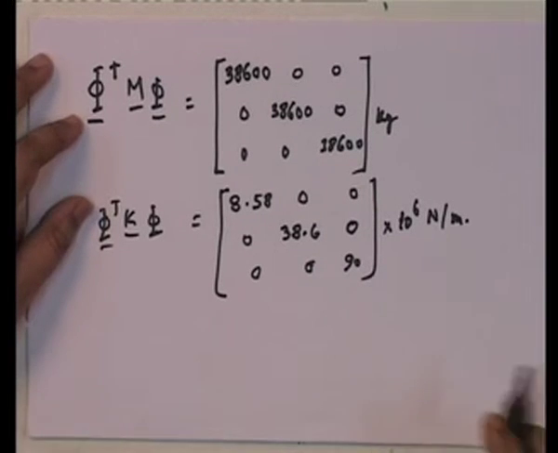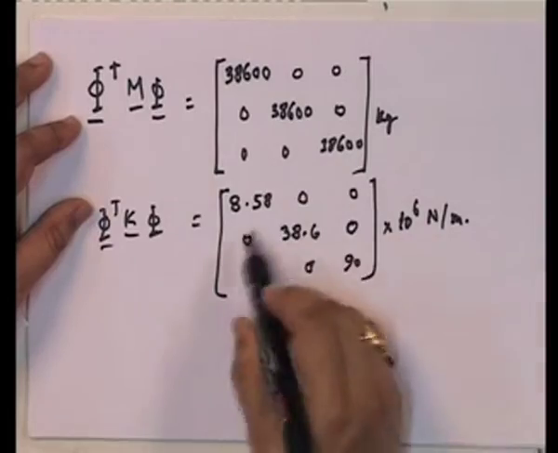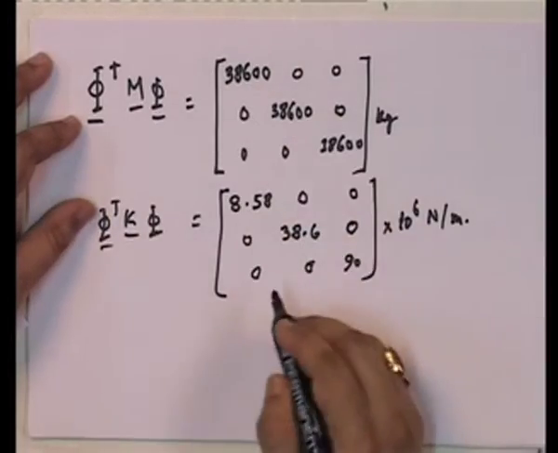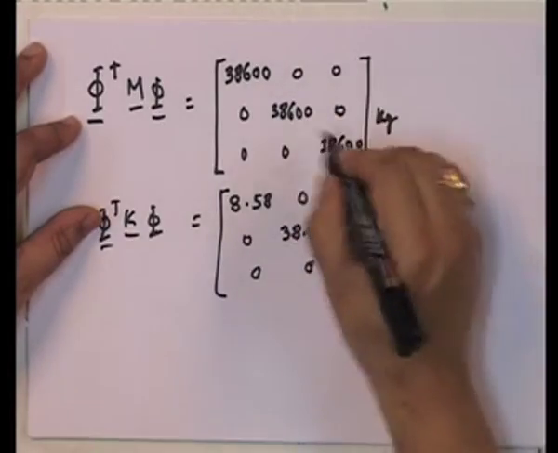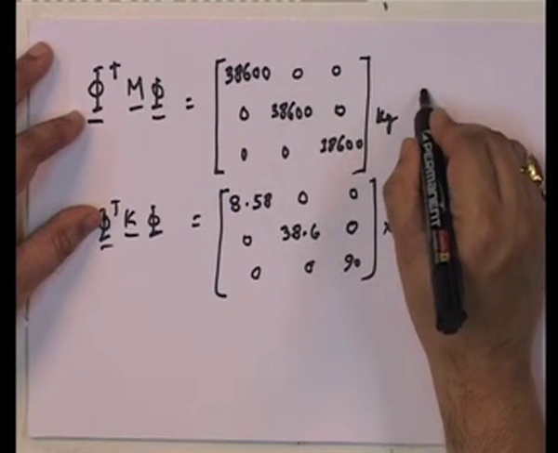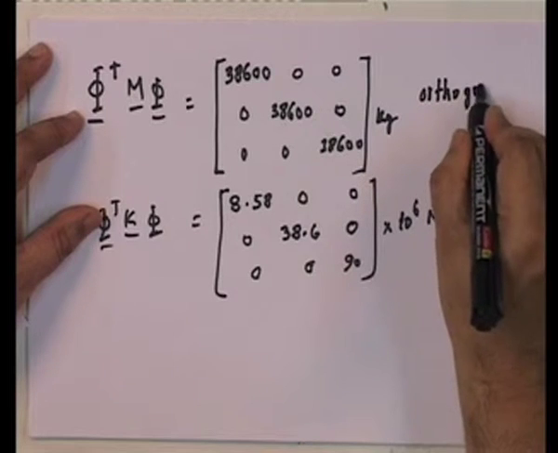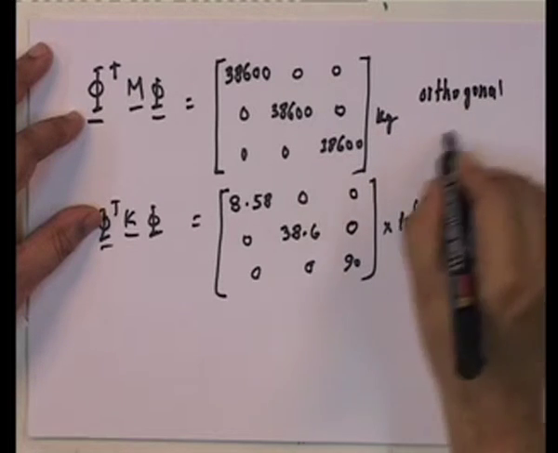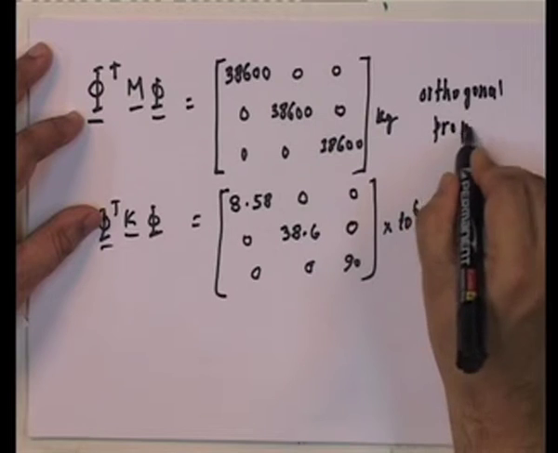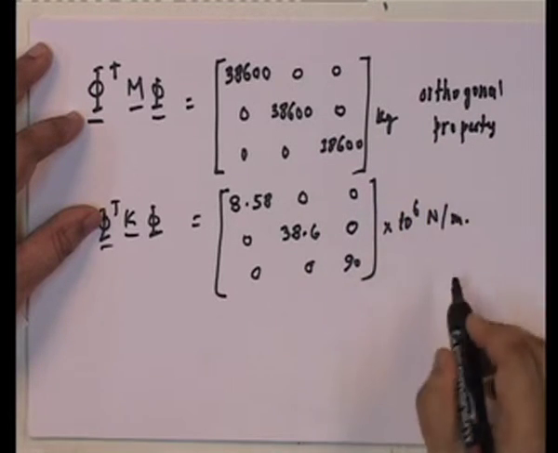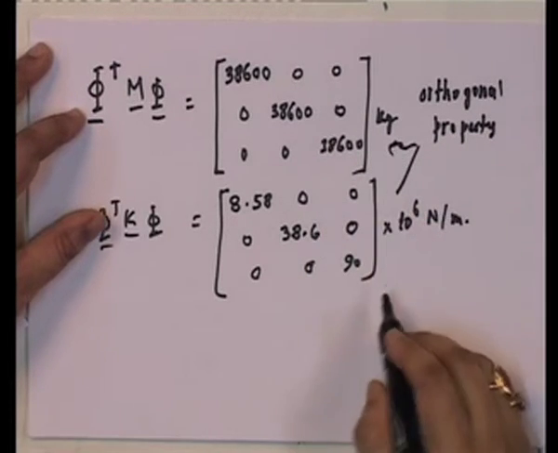Now, note two things. Diagonal means the orthogonal property of both of these is satisfied.